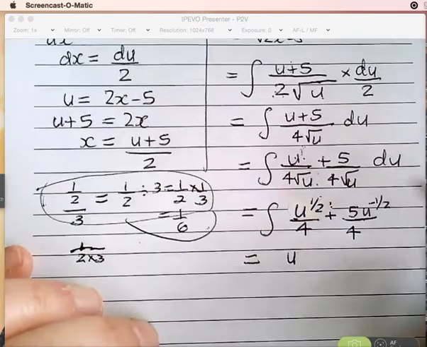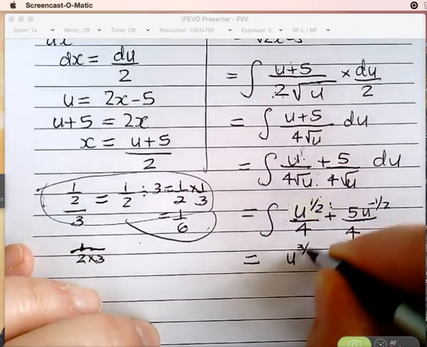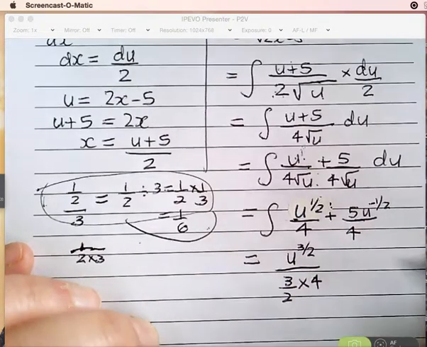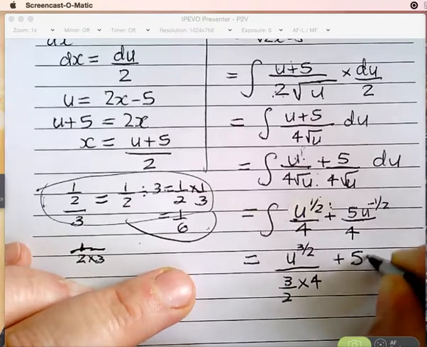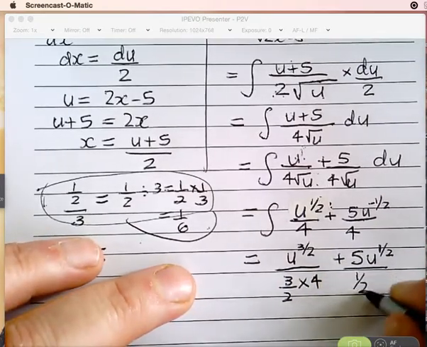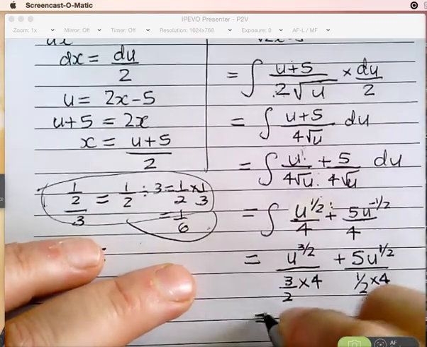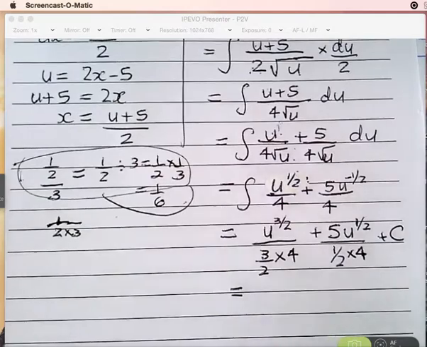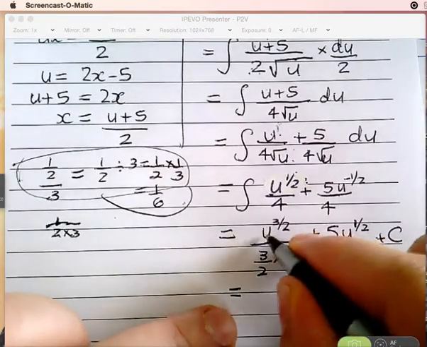Alright, so what have I got? U to the 3 on 2 times 4 plus 5u to the half times 4 plus c. So what have you got? U to the 3 on 2.